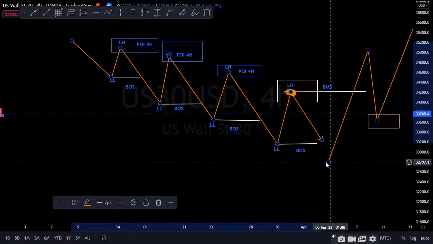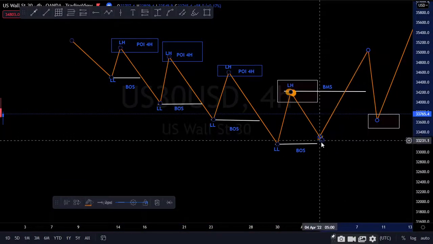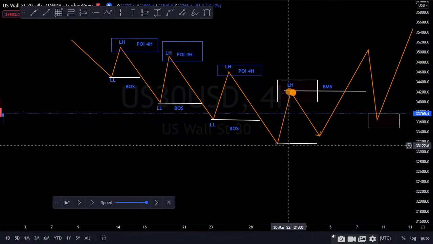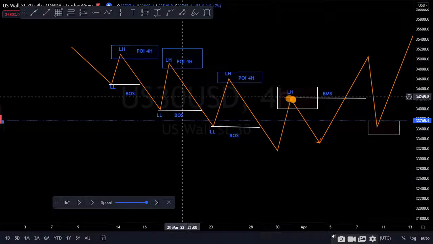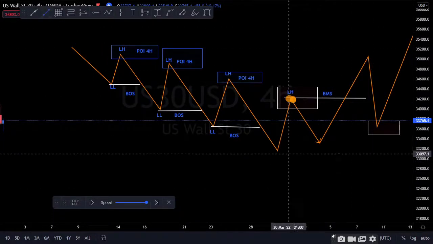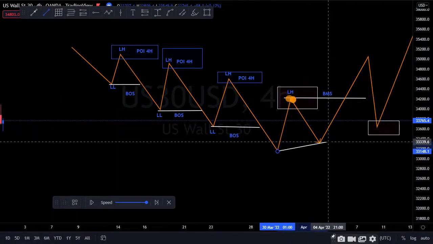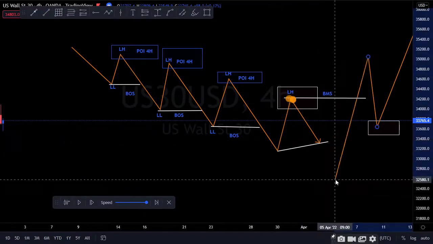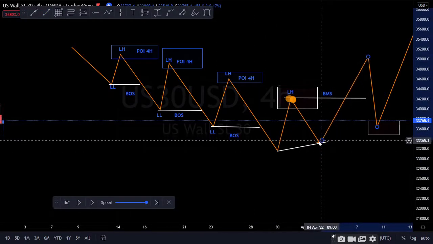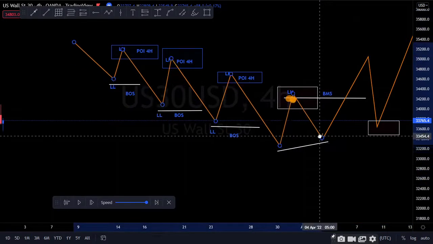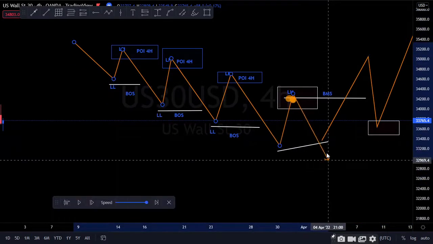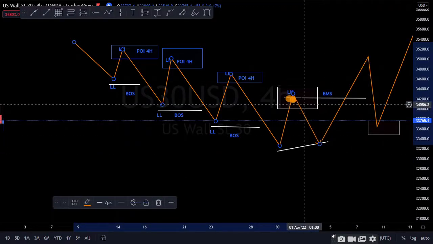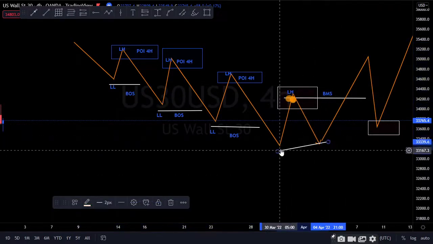So let me teach you something here. Normally, when we are about to have a BMS, we have an SMS first. Mostly we have SMS, that is shift in market structure. Instead of the market forming another lower low, it fails to form another lower low, then goes to break this structure.